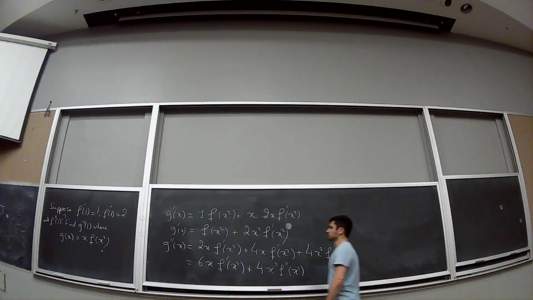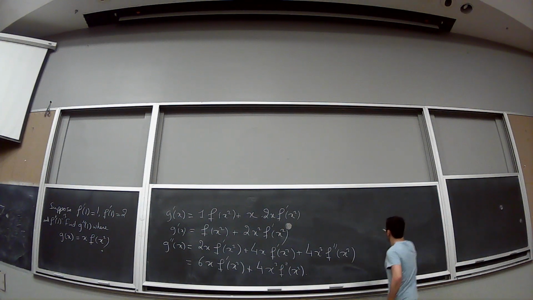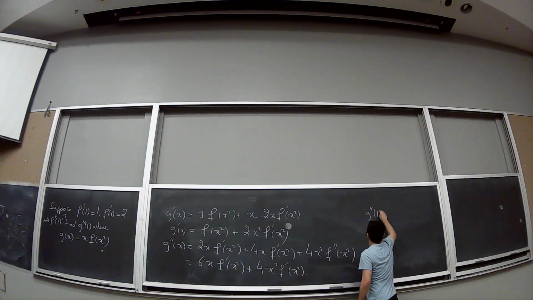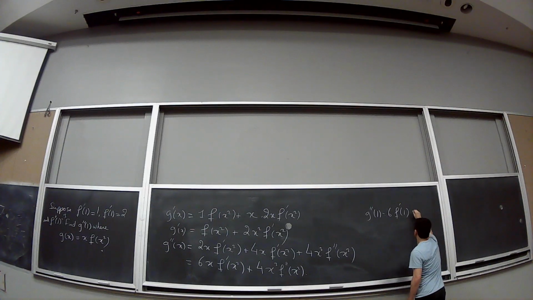Okay, so what am I asked to find? I'm asked to find g double prime of 1. Who can help me out just immediately by looking at it? G double prime of 1 is 6 times f prime of 1, right? You guys see this? Plus 4 times f double prime of 1.